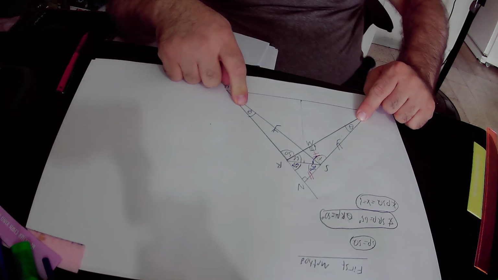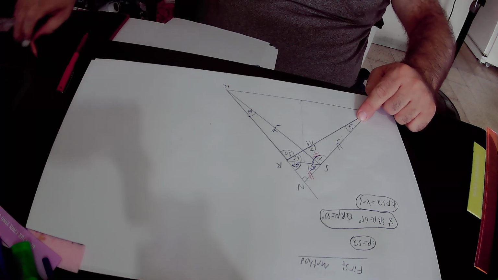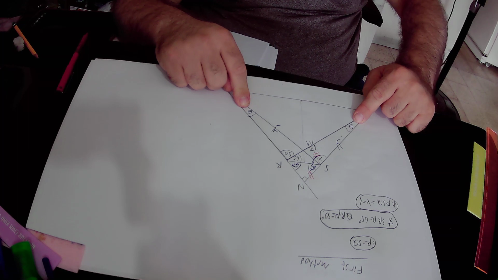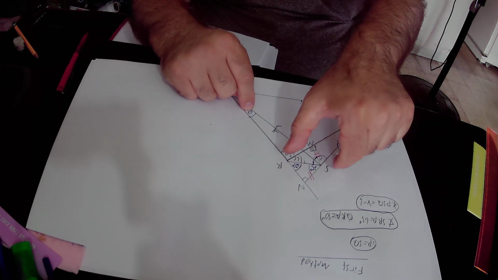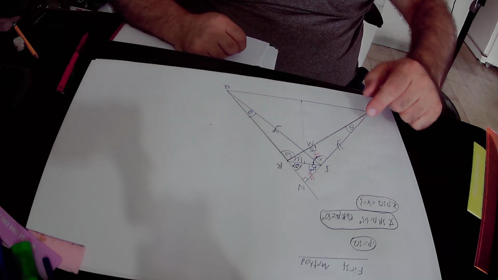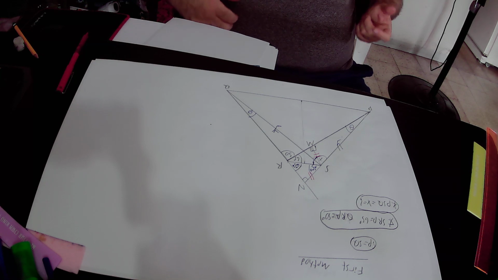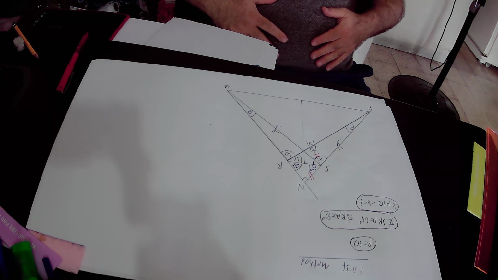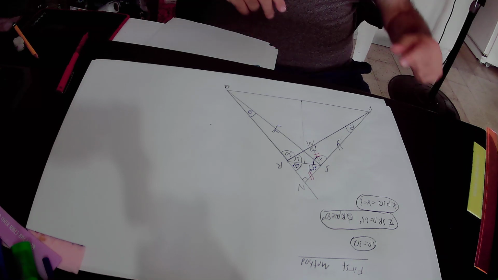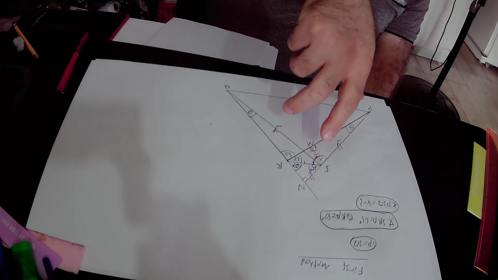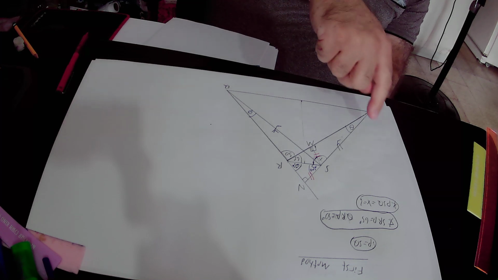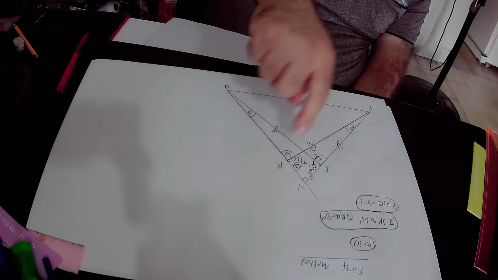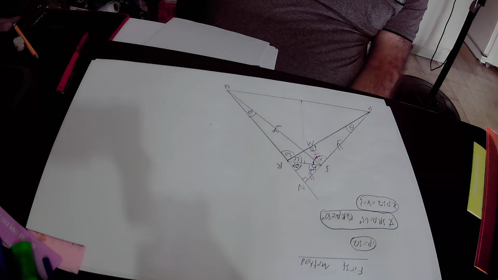Those two angles are both equal to theta, and they both subtend the same line segment SR. This angle subtends the line segment SR, and this angle theta subtends the same line segment SR. So therefore, according to rule number 1, the quadrilateral SRPQ is inscribed by a circle, and the 4 points S, R, P, and Q lie on that circle.